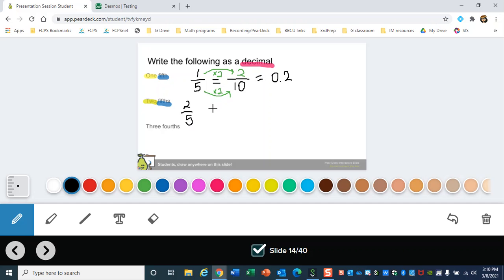And then again, you can convert it to a fraction that has a denominator of 10, because 5 times 2 is 10. So you can multiply the numerator by the same number, 2 times 2. That will give you 4. So it's 4/10, and then that will give you 0.4.